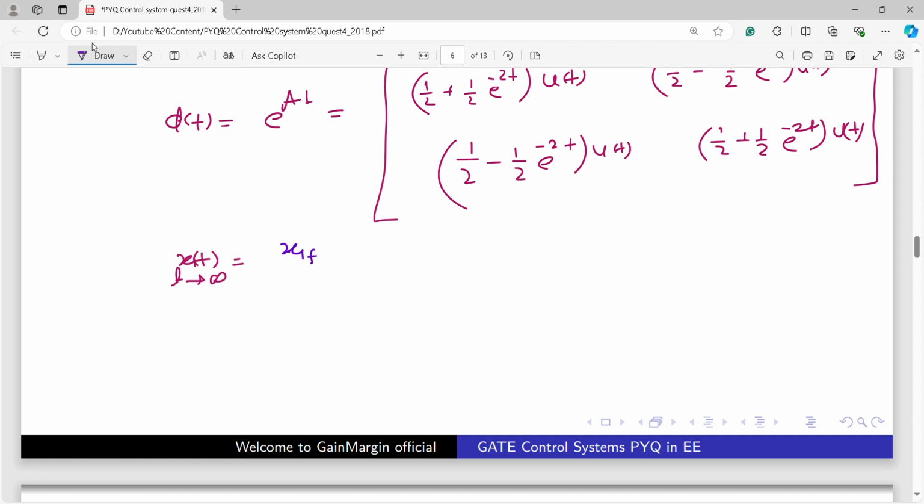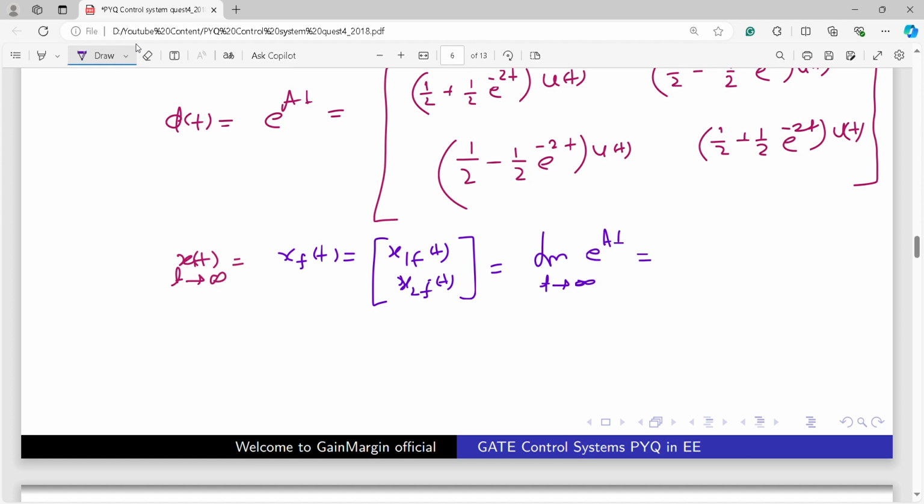Let me make it clearer. So xf(t). Okay, so we are just taking two states here. So this will be limit t tends to infinity, e to the power At into the initial condition, right? Like that.